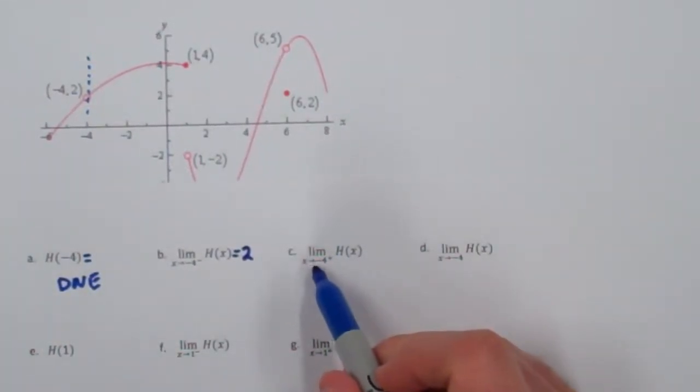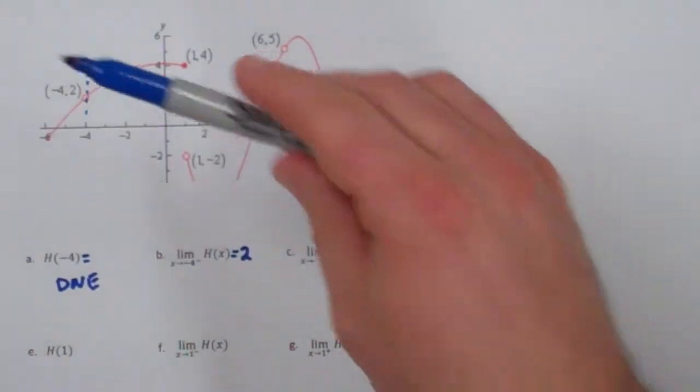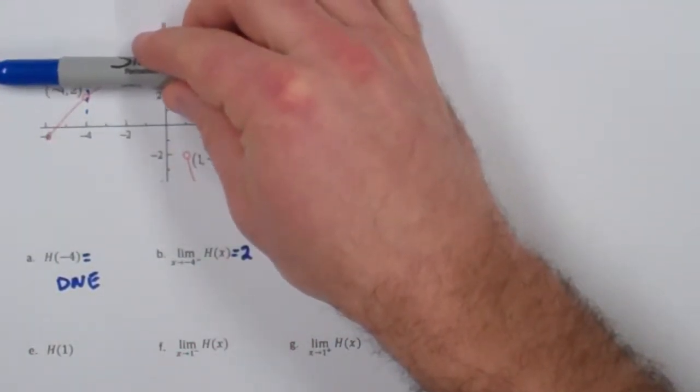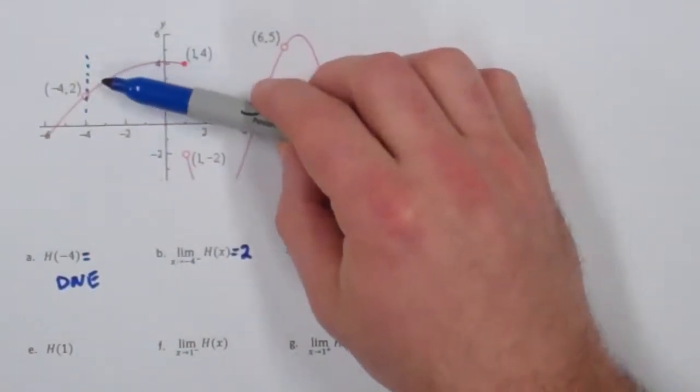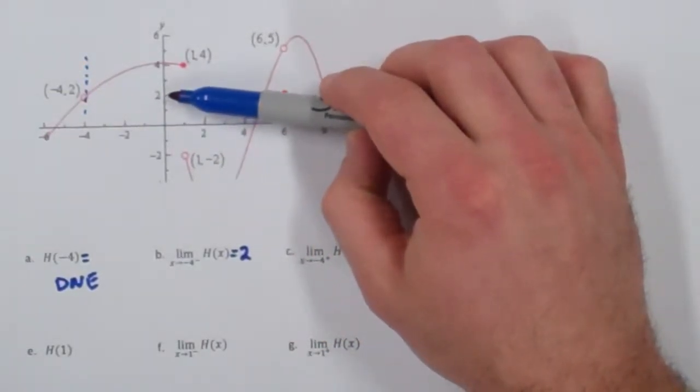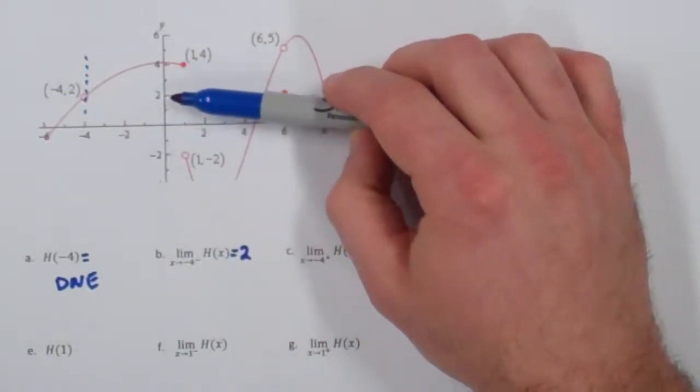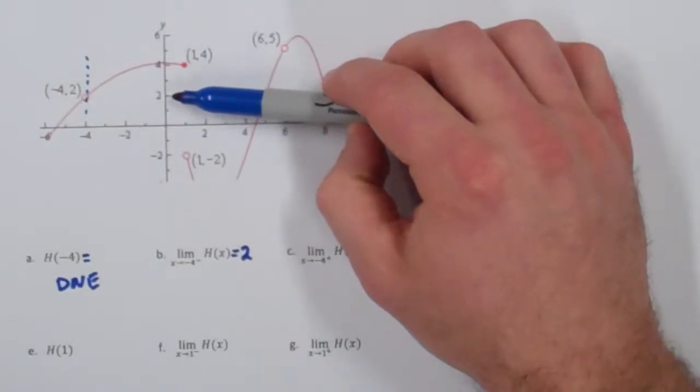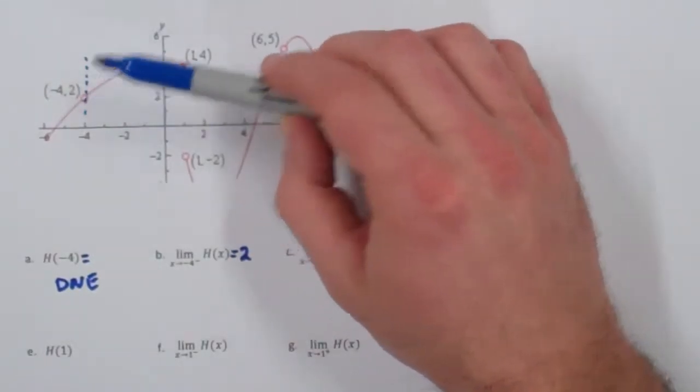The limit as x approaches -4 from the right, so we can come from the right and see what value we're getting close to, and the value, remember, is the y value, or the output, or h of x in this case, and that also is 2.